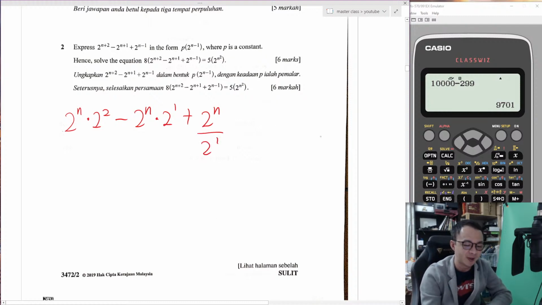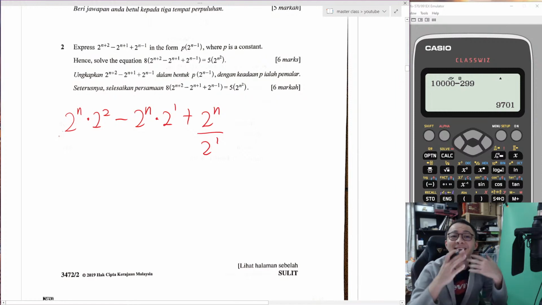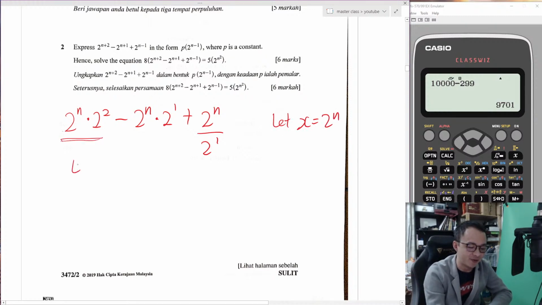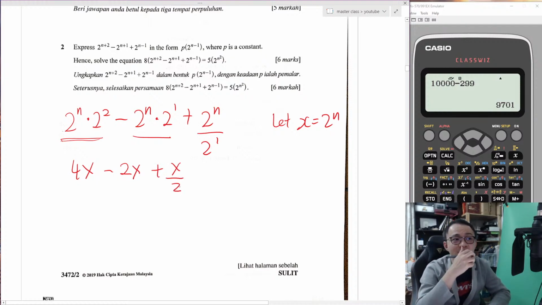Alright, so if you couldn't see how to solve next, I would strongly encourage you to let x equal to 2 power of n. Then you should be able to see this one, the first one is 4x. Then this one is minus 2x. And this one is plus x over 2. Right, then it's easier for you to simplify it.